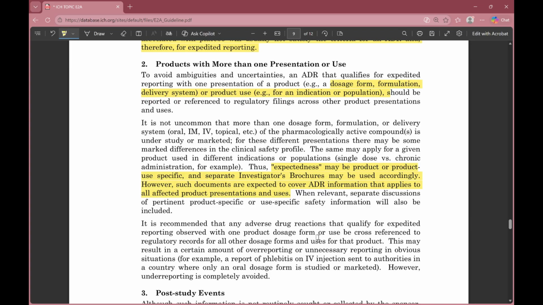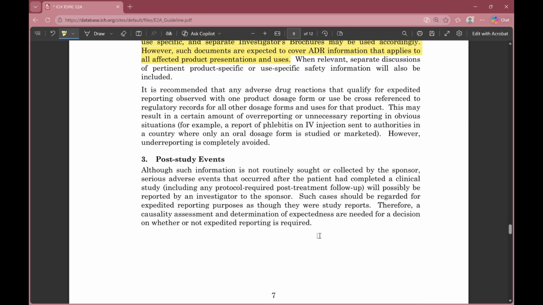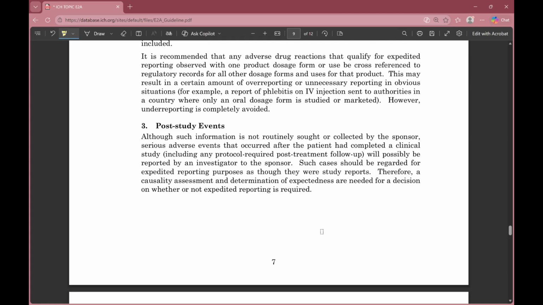And the post-study events are the next point, which is about how we treat an adverse event that happens after the trial is finished. Let's say an investigator reports a serious adverse reaction, a serious event. It should be treated as a normal trial SAE.